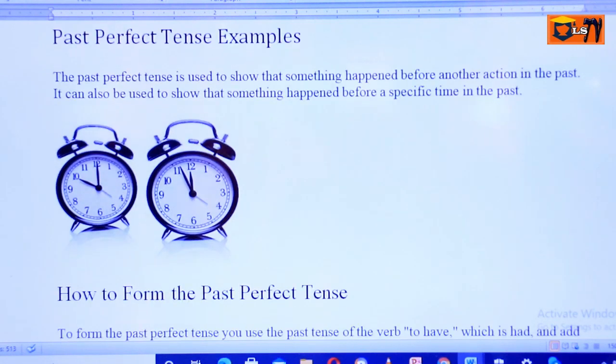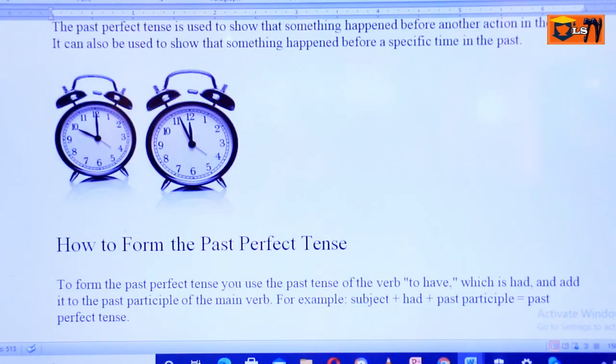So now, something happened before 12. If something happened before 12, you use past perfect tense. Then you use the past simple or verb to have, had, plus past participle.